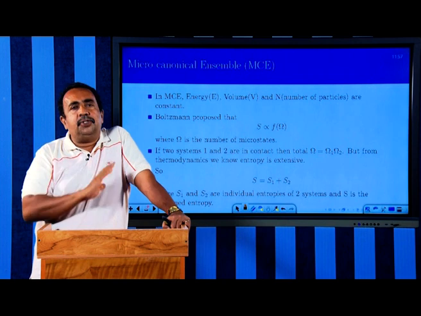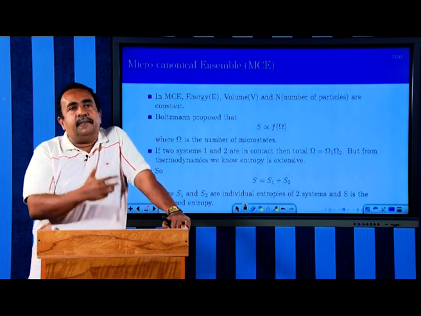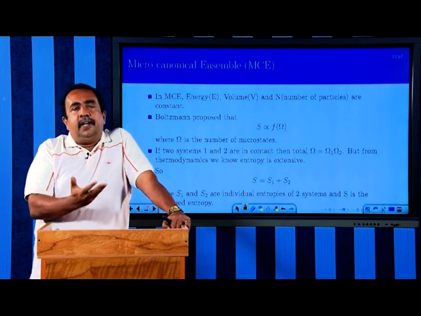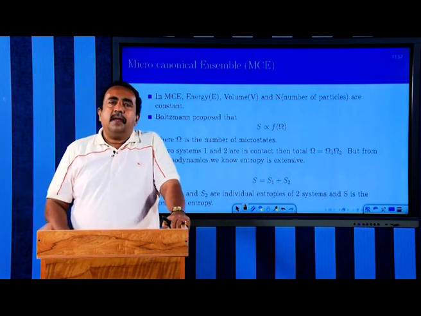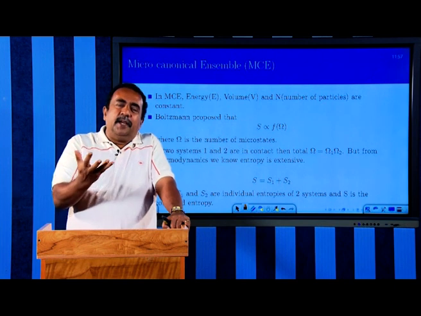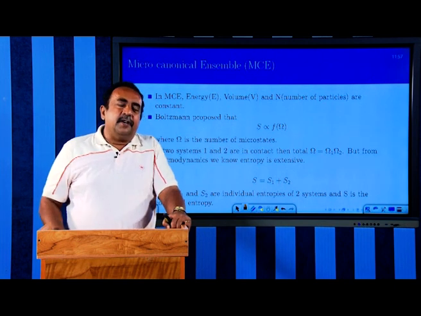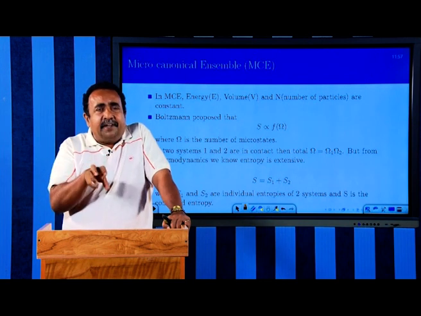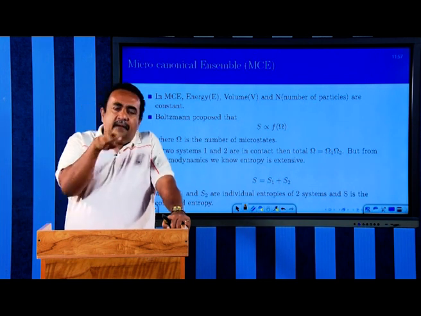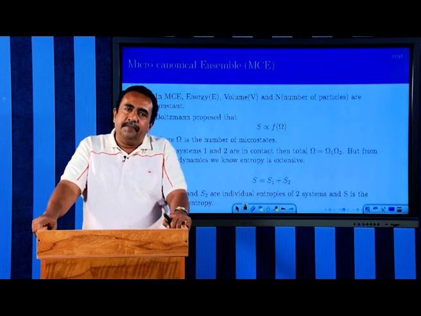Therefore, omega for an electron whose spin is equal to half will be equal to 2. What Boltzmann said is that this omega will decide the entropy. For a single electron it will not decide, but anyhow this is the content of what Boltzmann said.